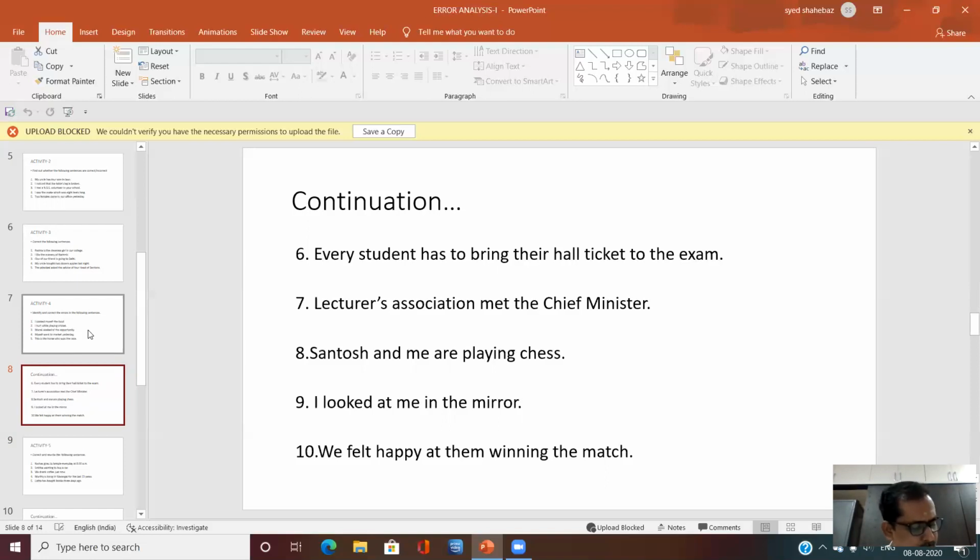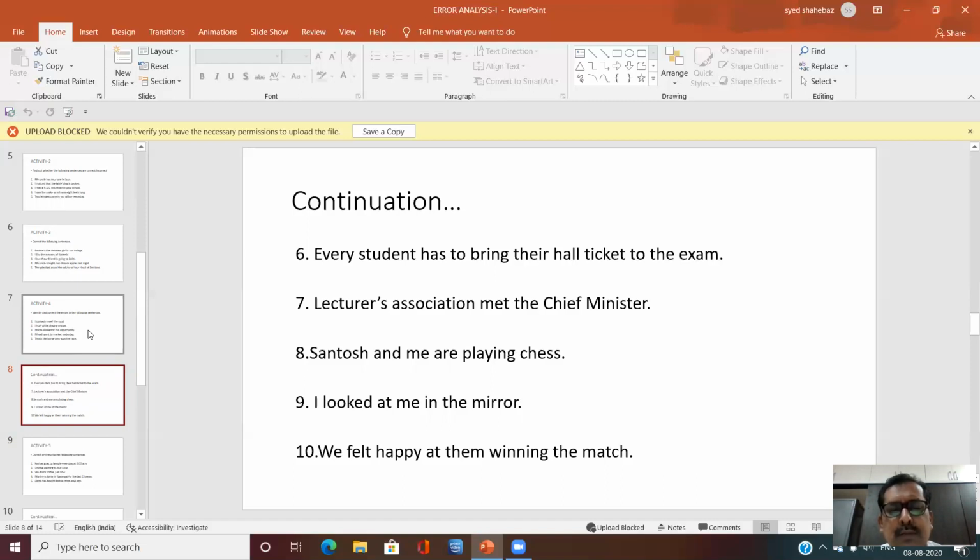Next sentence. Santosh and me are playing chess. The correct sentence is Santosh and I are playing chess, not me, I. Next sentence.